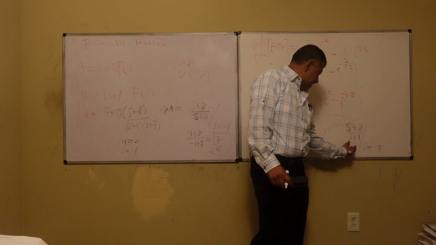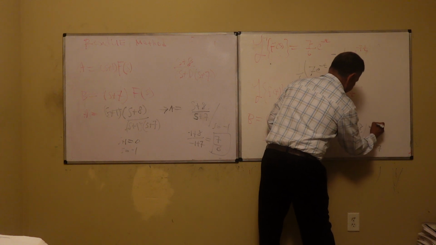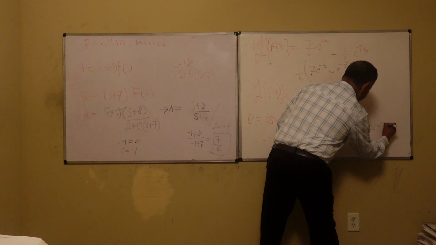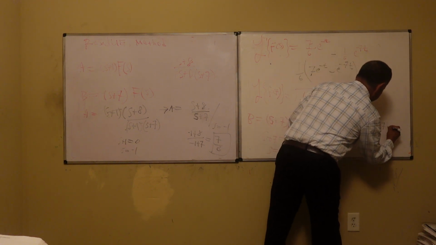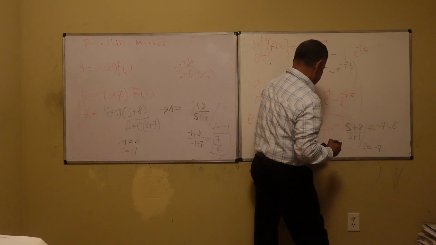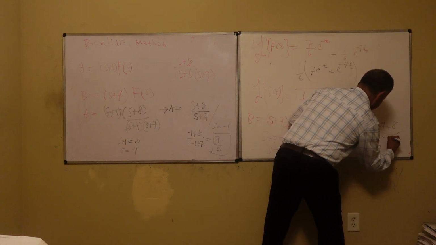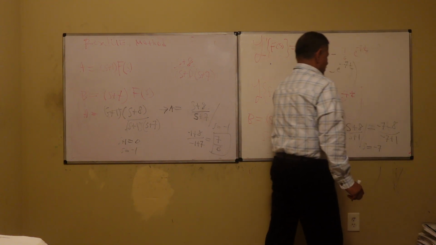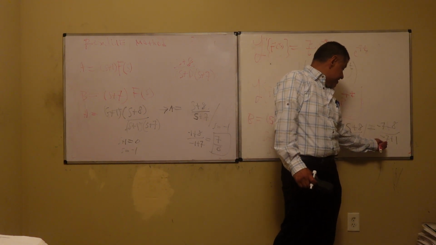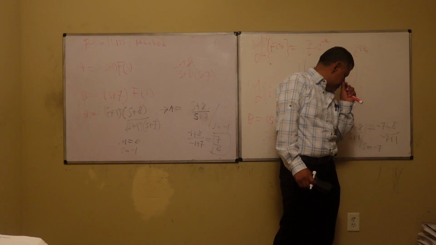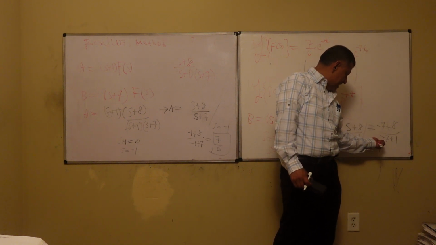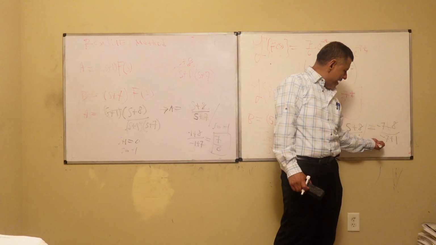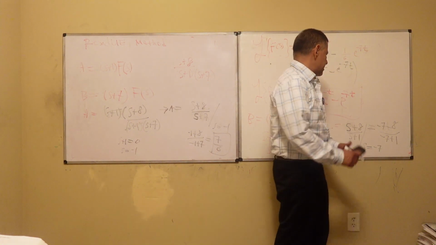Once I do that, I do the same thing, right? So right here, I do negative 7 plus 8 over negative 7 plus 1. So the top number is positive 1, the bottom one is negative 6, right?